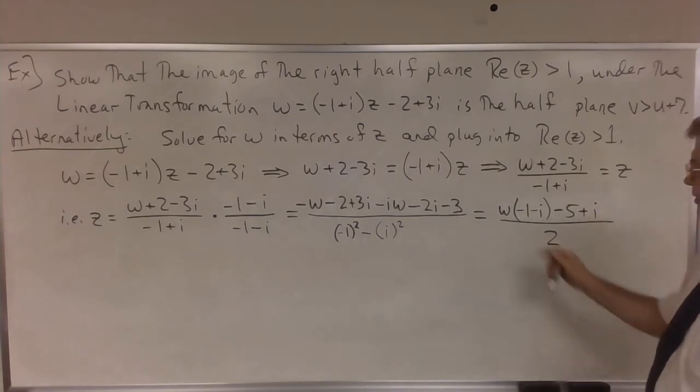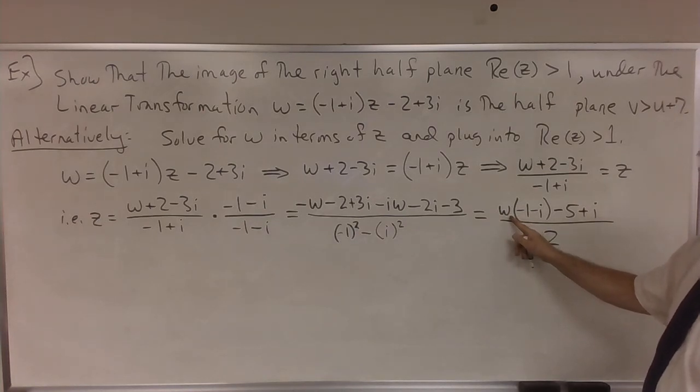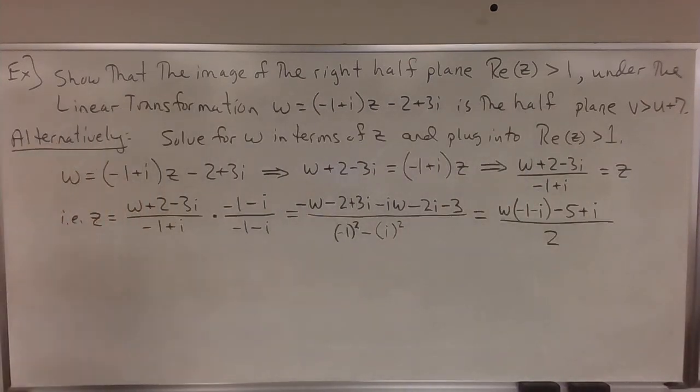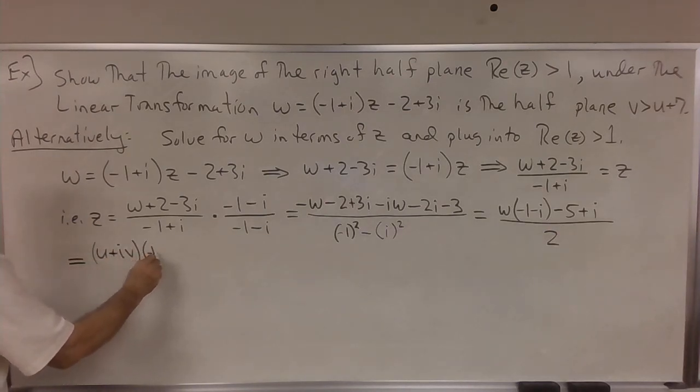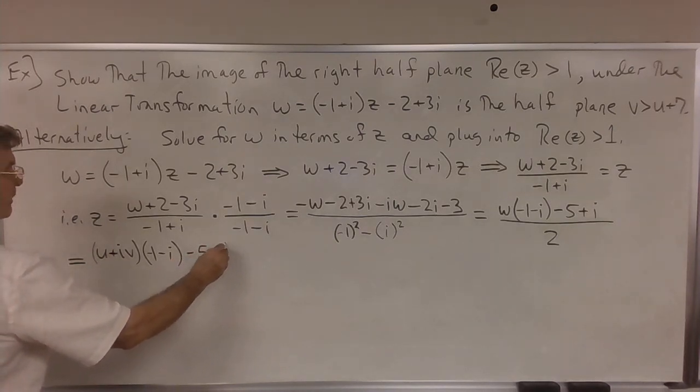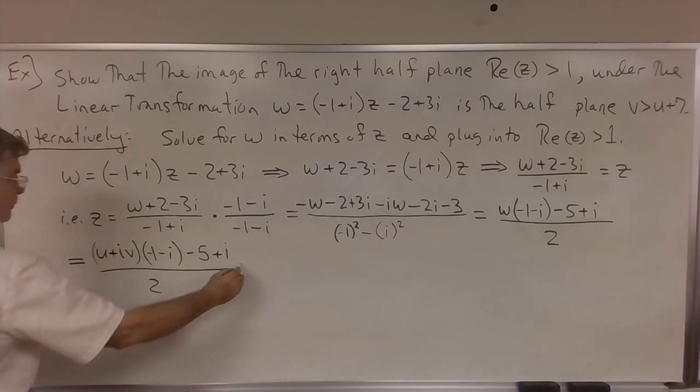And now I guess I need to write w in terms of u and v, where u is the real part of w and v is the imaginary part of w. So let's see, u plus iv, times negative 1 minus i, minus 5 plus i, over 2.